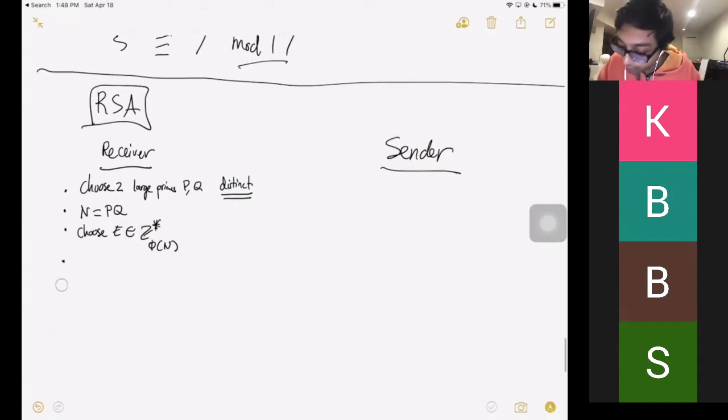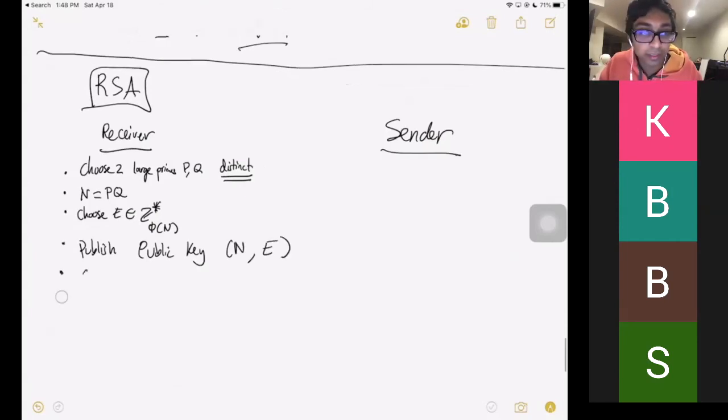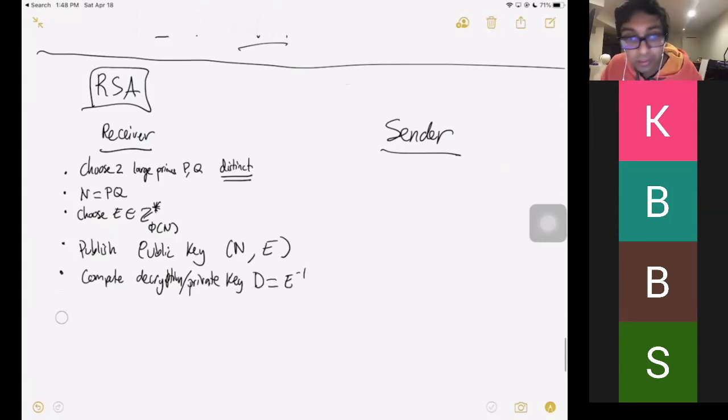Now publish the public key n, E. They will compute the decryption or private key D, which is equal to E inverse in Z star phi of n. Okay, maybe that's why E came from Z star phi of n.